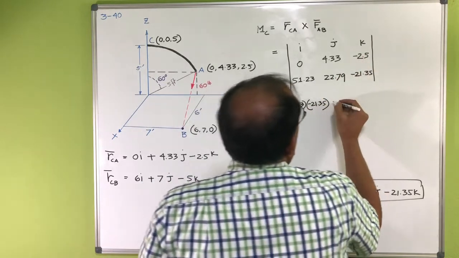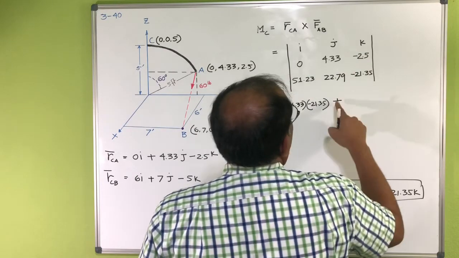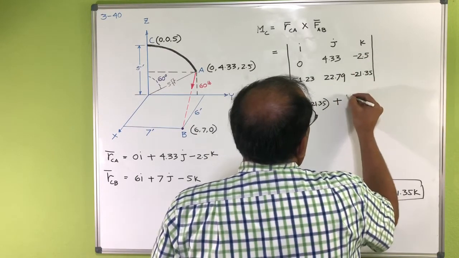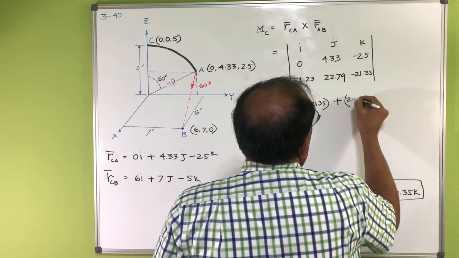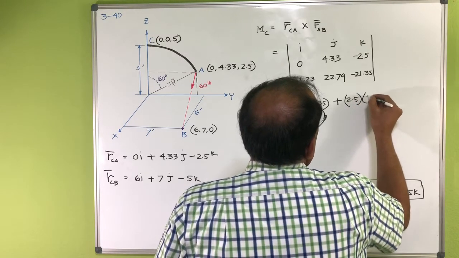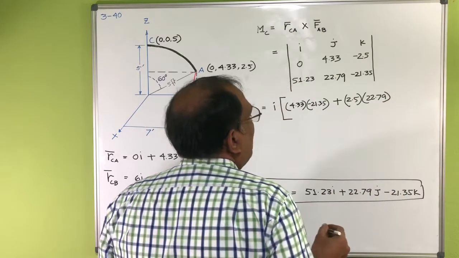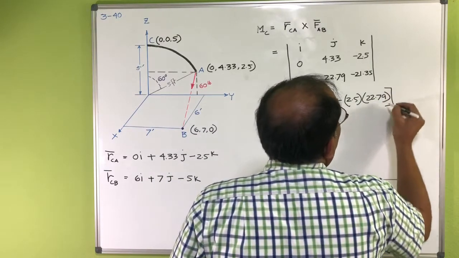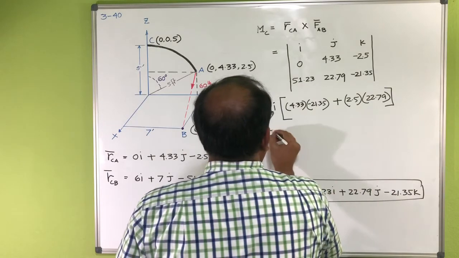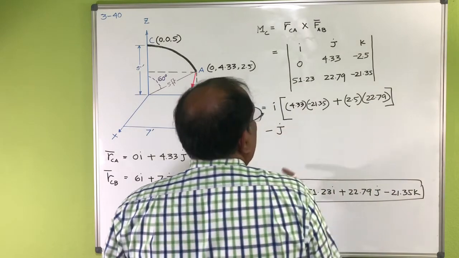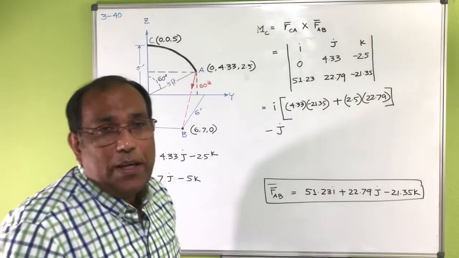And then this one is actually becoming plus, actually should be negative into 2.5. That's positive 2.5 into 22.79 minus j. By default j is always negative, okay?